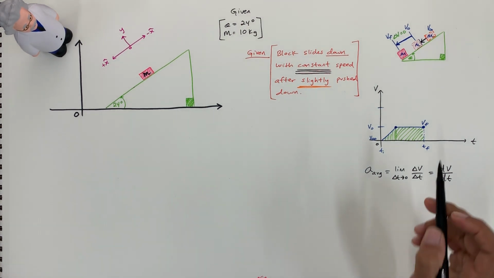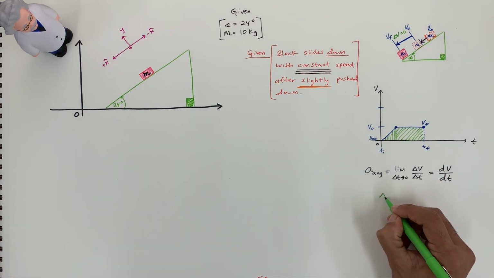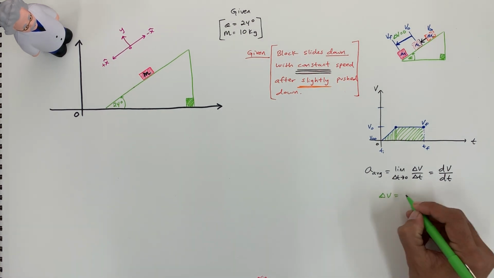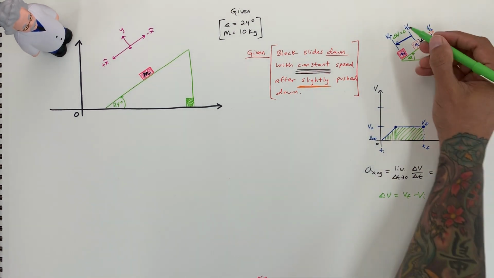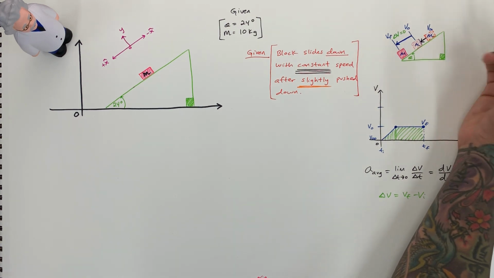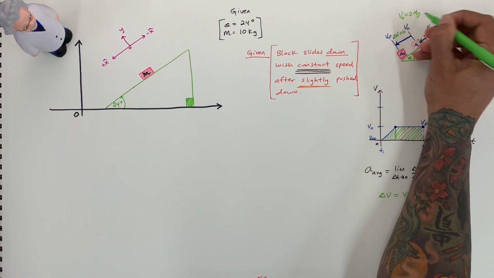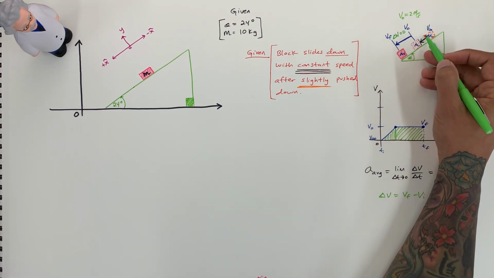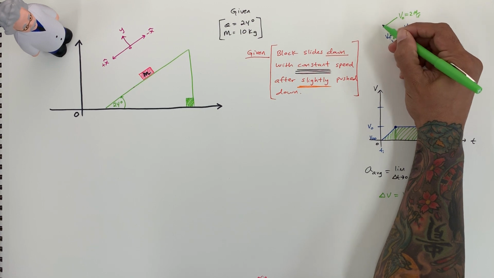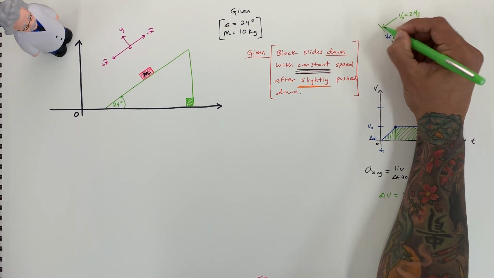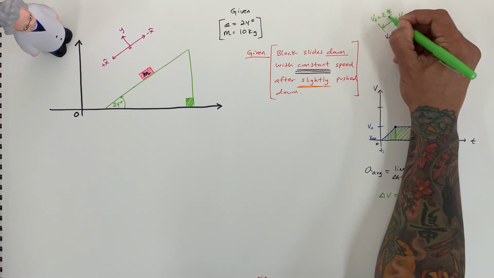So by saying that we have a constant speed, we're saying that this is our change in velocity, V final minus V initial. Let's say for some reason our V initial is 2 meters per second. So we increased all the way to 2 meters per second, and then we remained at 2 meters per second, a constant speed all the way to V final, where again we're at 2 meters per second.